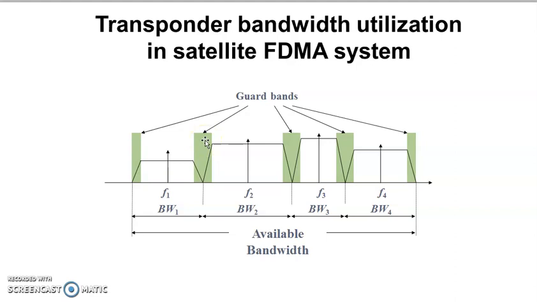That is nothing but a drawback of the system. The whole bandwidth is not utilized because we have wastage of bandwidth using this guard band. Different channels have different carrier frequencies and different guard band sets. That's why there will be a loss of bandwidth.